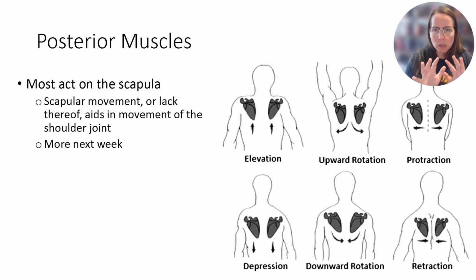I basically chose the muscles that are primarily acting on the scapula, or they're really large muscles, so trapezius, rhomboids, latissimus dorsi. These are all muscles that are on the back, but they don't actually act on the spine themselves. They're acting on the scapula, or they're acting on the shoulder joint itself.